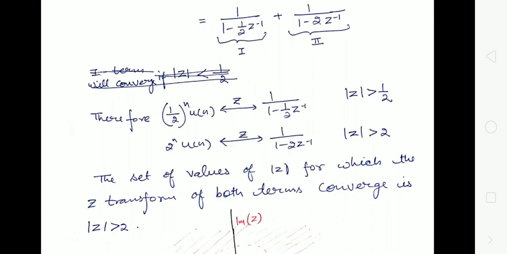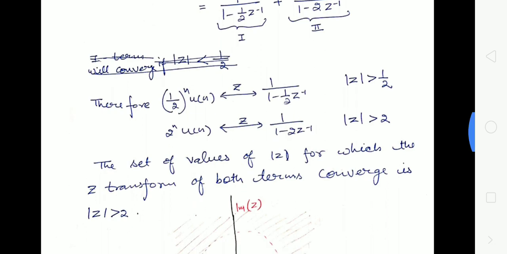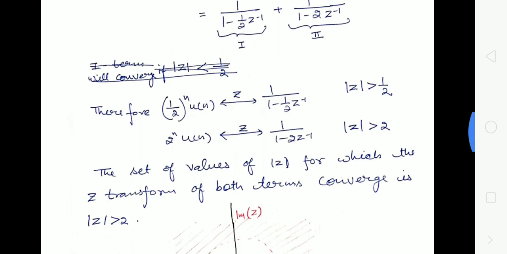Therefore, for the first term we can see that the ROC is mod z greater than 1 by 2, and for the second term the ROC is mod z greater than 2. These are the two poles, at z is equal to 1 by 2 and at z is equal to 2. So we draw two circles at 1 by 2 and at 2.